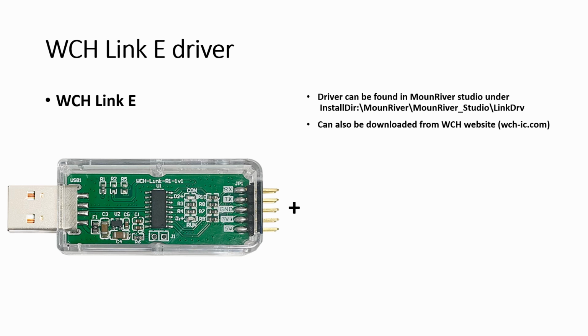Or if you already have MounRiver Studio, then the driver will be in there, and you can see it from the MounRiver installation folder. You can see the WCH Link driver, and you can install it to make sure that your WCH Link works.